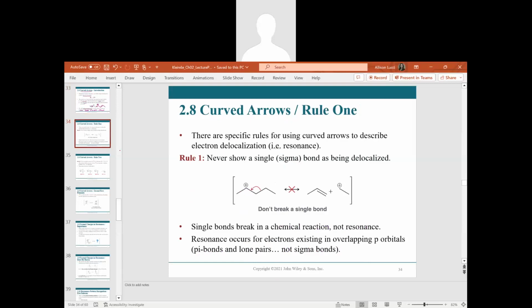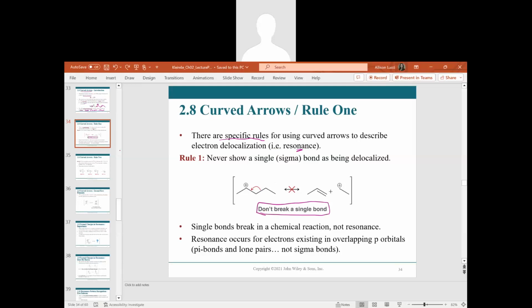What rules are there? There are rules for drawing these curved arrows to show resonance with electron delocalization. What we want to draw is movement of electrons that do not violate these rules. The first rule tells us do not break a single bond. Here our arrow's tail starts at a single bond.